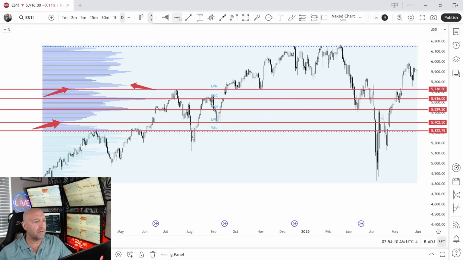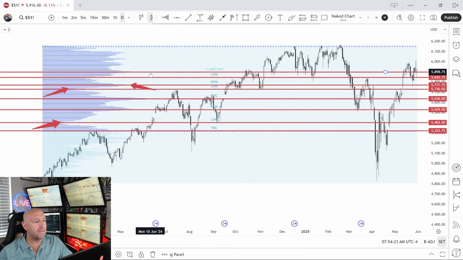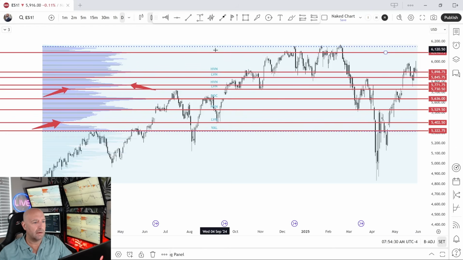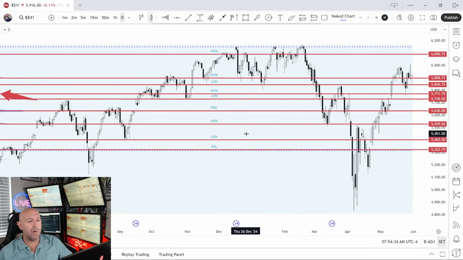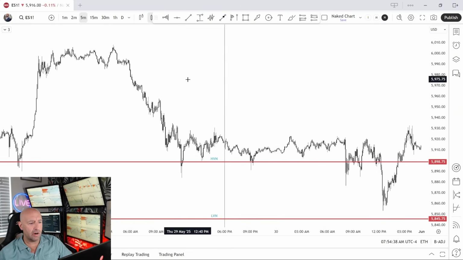And we map out the rest of our chart. Volume node, low volume node. And now I have some very significant areas marked out that I can now bring into my 5-minute chart.